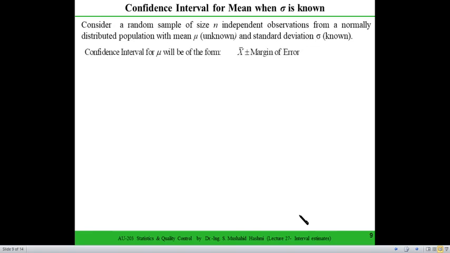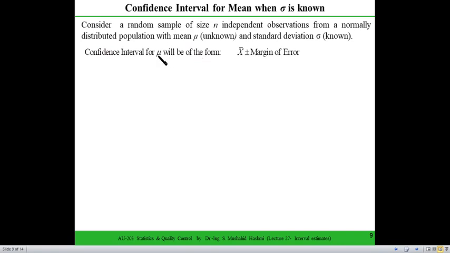So a confidence interval can be thought of as some point estimate, which is your sample mean, plus or minus some margin of error. If you have these two pieces of information, you can work out the confidence interval.